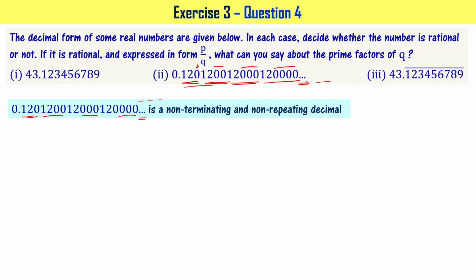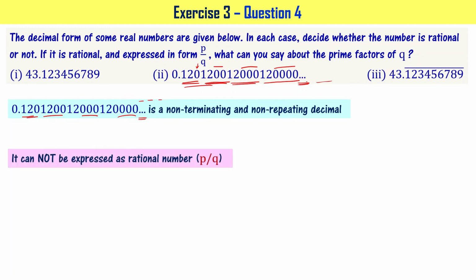When you have non-terminating and non-repeating decimals, we cannot express them in the ratio of p by q, where p and q are integers, right? We say that it cannot be expressed as a rational number. Please note this. Actually, this particular number is an irrational number. Please note this.